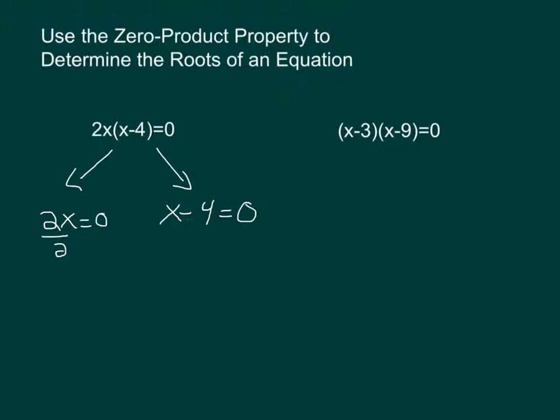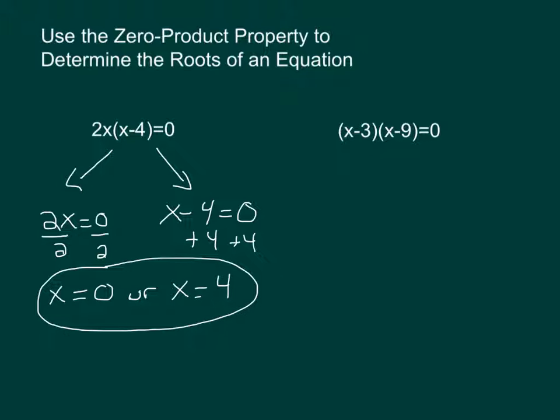I'll start by dividing by 2. 0 divided by 2 is 0. And then on the second equation, I'll add 4, and I get x equals 4. These are my two answers for this one equation. These are my roots of my original equation, 2x times x minus 4 equals 0.